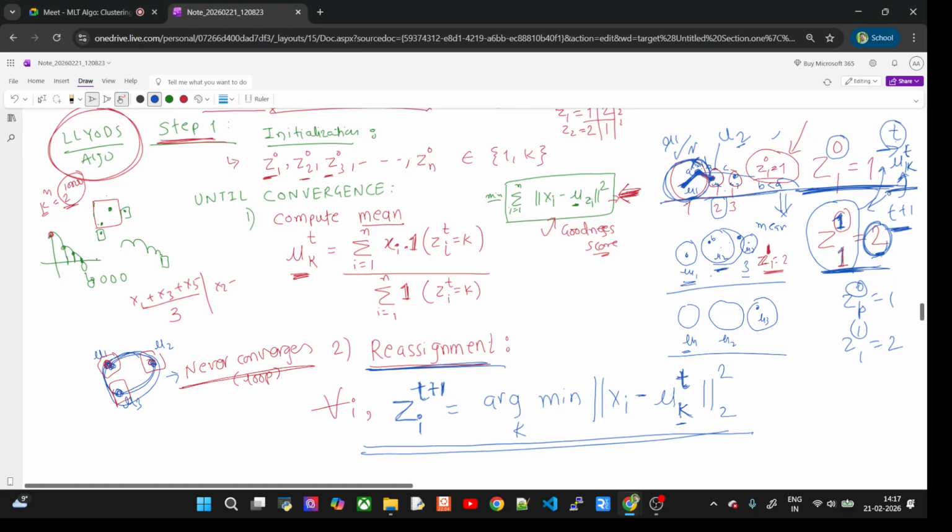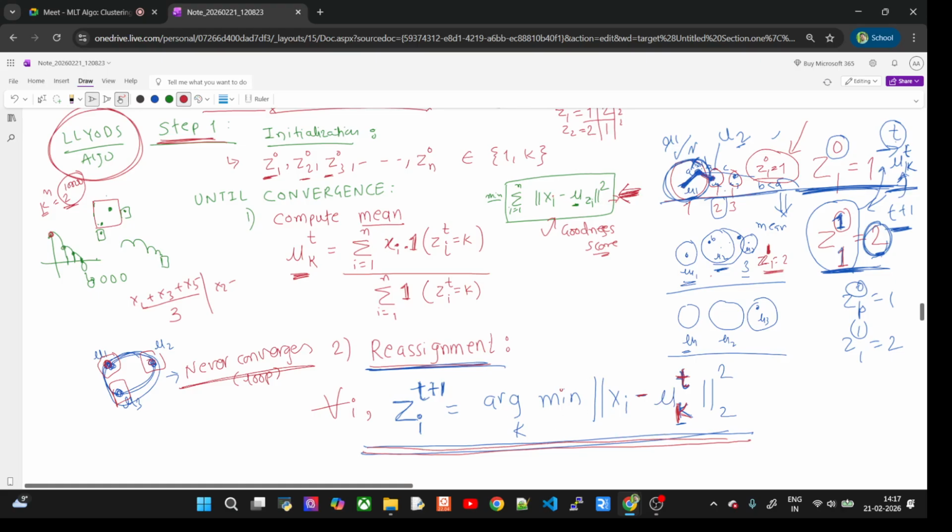It depends upon your earlier indicator. Once you found that the distance from yourself to your neighbor's mean is smaller, you decide your next cluster indicator with this formula.